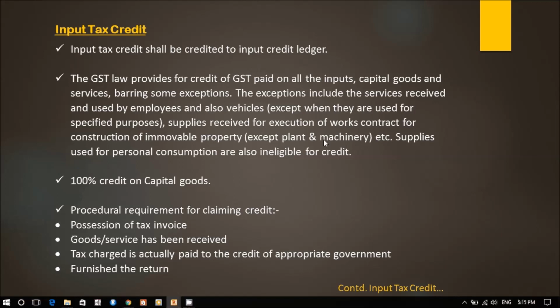So if Mr. X defaults in payment of the tax, then Mr. Y will have to bear the impact. Now come to the fourth point, furnish the tax return. Supplier has to furnish the return. Until and unless he furnishes the return, the buyer or the recipient would not be able to avail the credit.